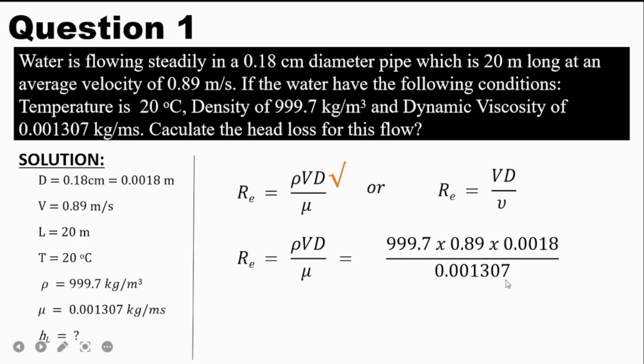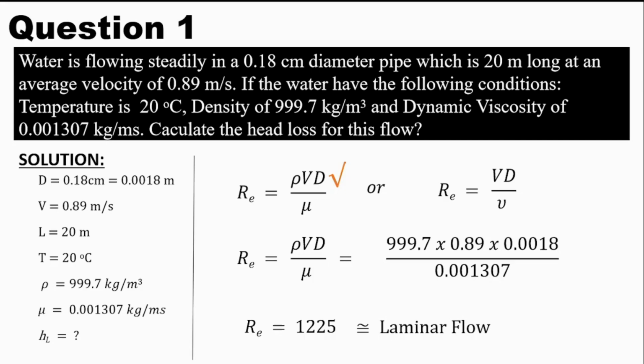When you put all these in your calculator, your Reynolds number should be 1225 to the nearest whole number. Now, this value of our Reynolds number is less than 2000. So that means that our flow is laminar. So that's our step 2. The flow is laminar.